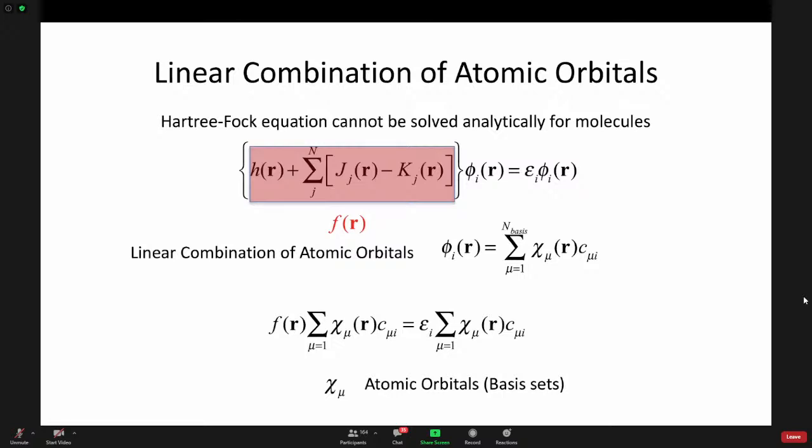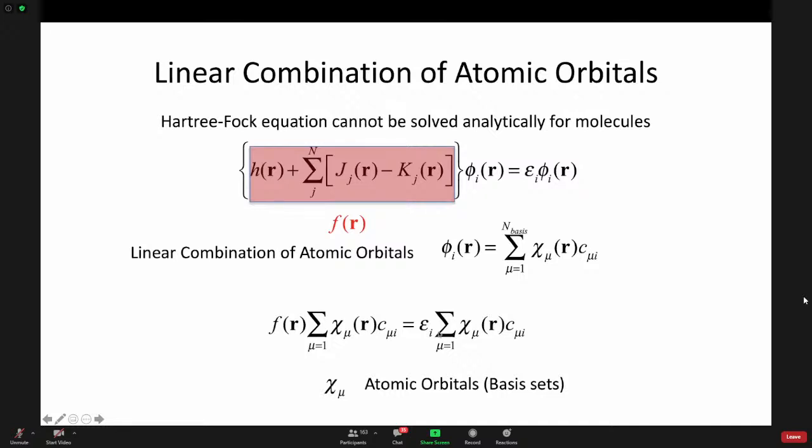And to make it simple, we introduce an approximation called a linear combination of atomic orbitals. So we construct the molecular orbitals with a linear combination of atomic orbitals like this. And introducing that, this equation becomes like this.